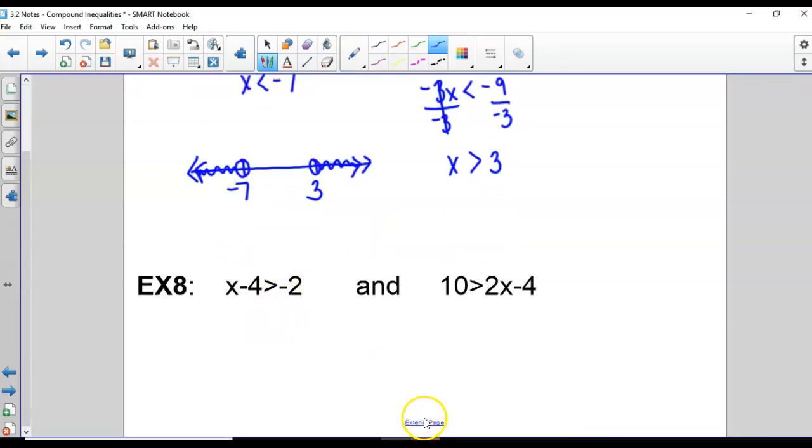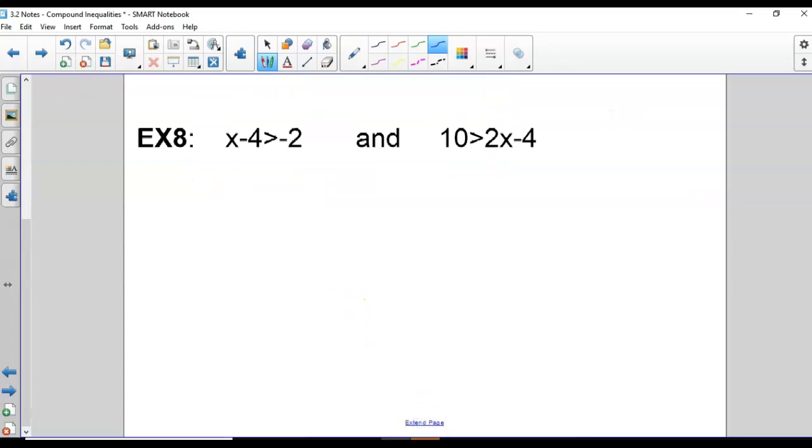For number 8, we have an AND problem. So we're going to solve both of these separately, but we're going to look for where they overlap in this case. So if we solve the first inequality, we're going to add 4 to both sides. So x is greater than 2. And over here, if we're solving this one, we're going to add 4 to both sides.